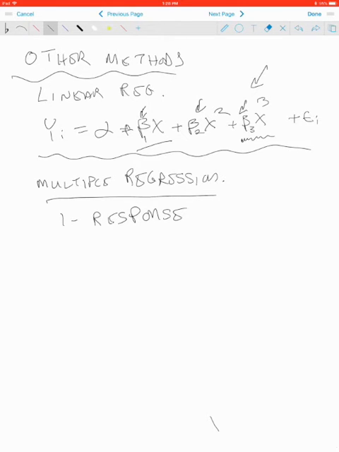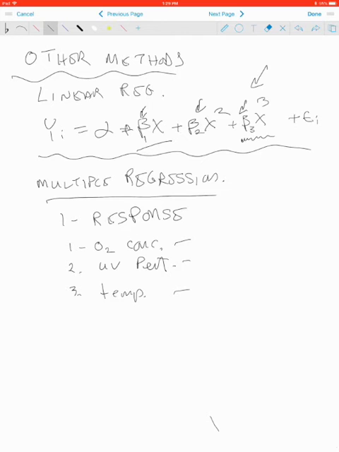So I might want to explain the growth rate of tadpoles as a function of O2 concentration in the ponds they're in, UV penetration of the pond, temperature of the pond or the tank they're in. All right, so here I've got three explanatory variables.